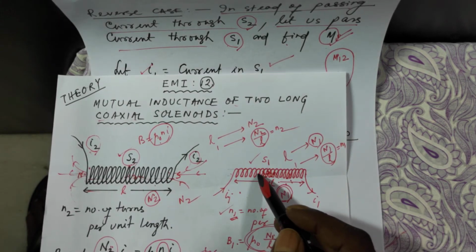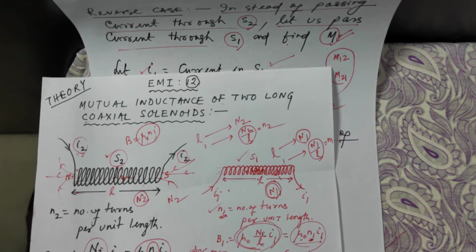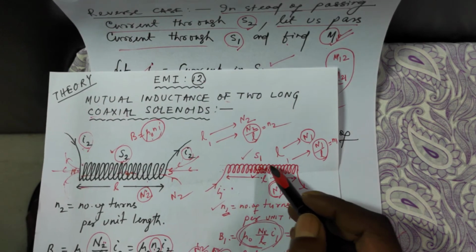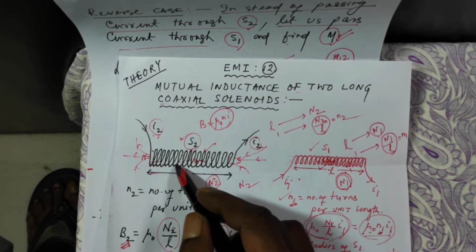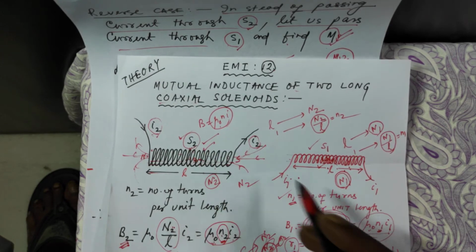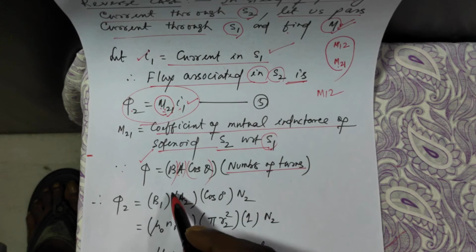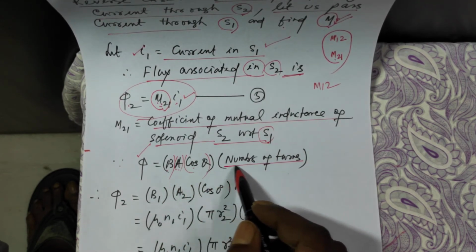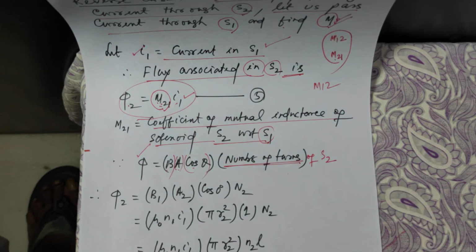And these magnetic field lines will now pass through each turn of S2. So we'll take the magnetic field of S1, the area of each turn of S2, and the total number of turns in S2 to find the total flux. So the flux is BA cos theta times the number of turns of S2, not S1.